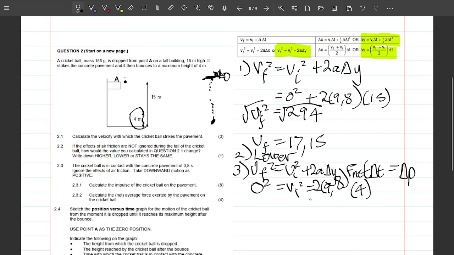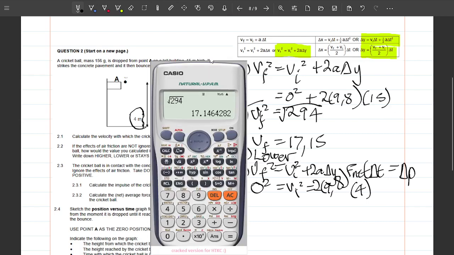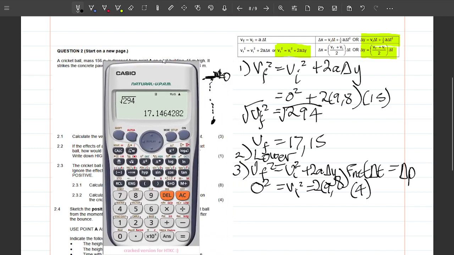Okay, because now I'm going to solve for vi. So I'll let the calculator do the work because it's better than yours. So if I grab it, there he is, who's the good boy. All right, so I'll make the substitutions. 0 squared is equal to, well, I don't have vi, so I'll make use of x.